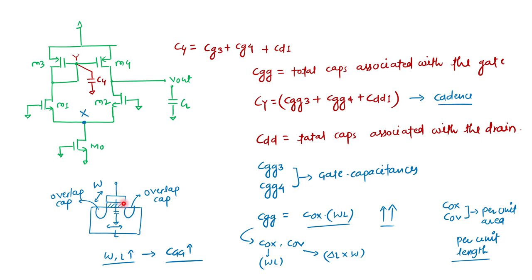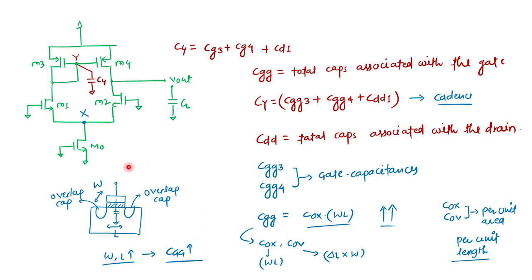These are the caps with a direct involvement of the gate area, which is W cross L or W cross del L. So in general for a device, when the gate capacitances come into the picture, that particular node cap is going to be larger. I already mentioned this using this model.